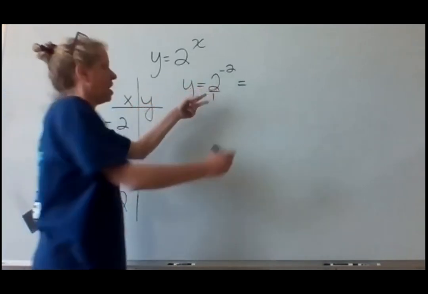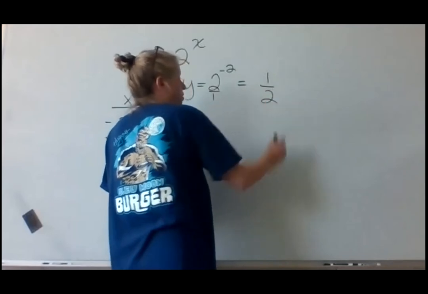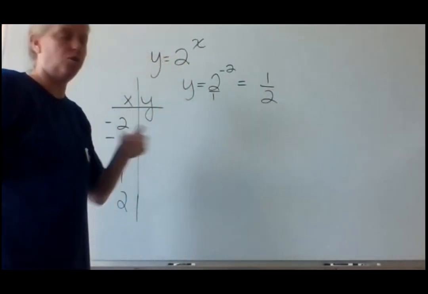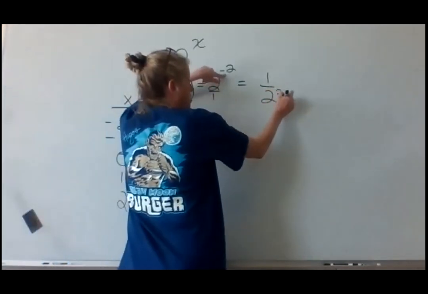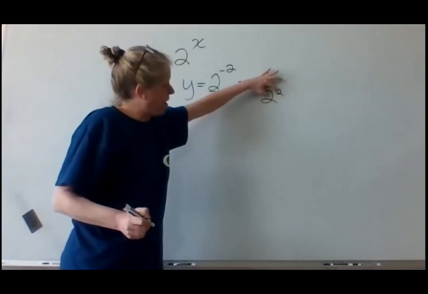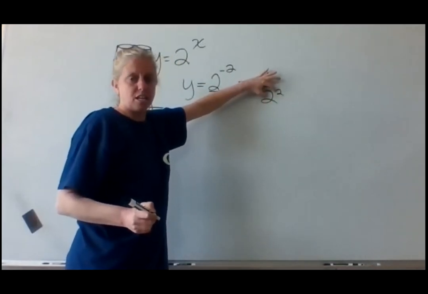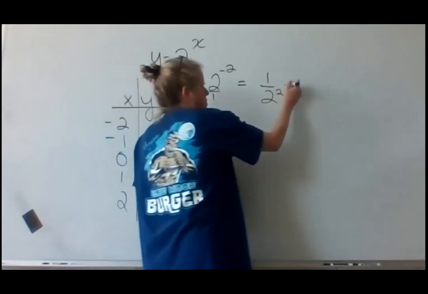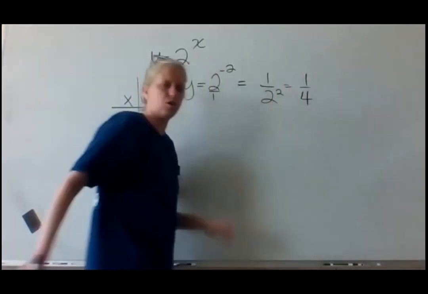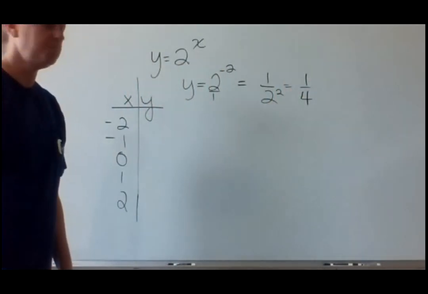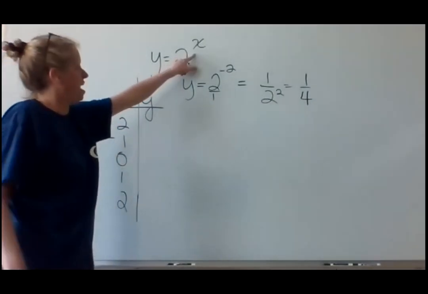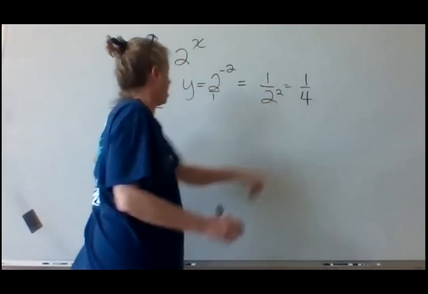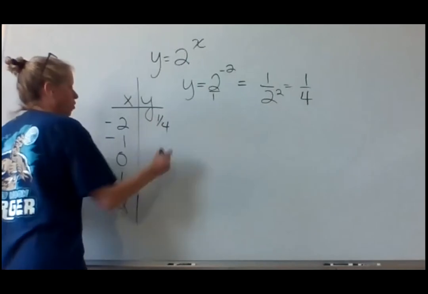If I flip that upside down, that's going to put me at 1 over 2, which turns my exponent to +2. Now I can do this, right? Because 2 squared is 4. So I'm going to be left with 1 over 4. So when I replaced the X with -2 and did the math, it gave me 1/4.